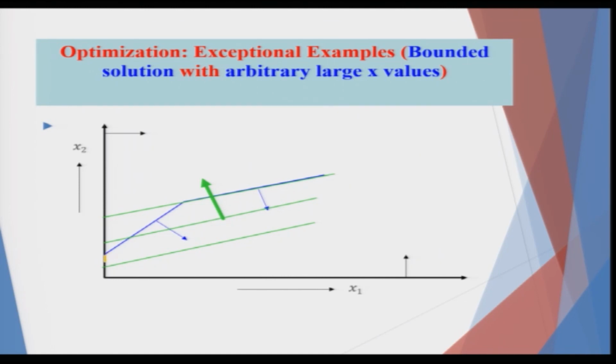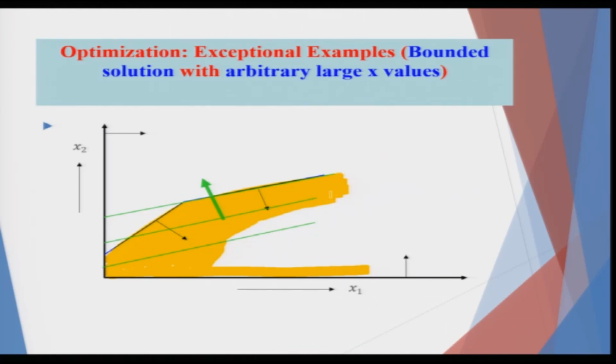The feasible region is this one. I am trying to mark it as clearly as possible, and it will go on to the right.